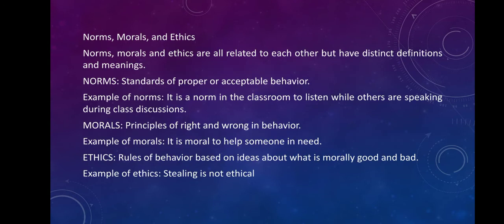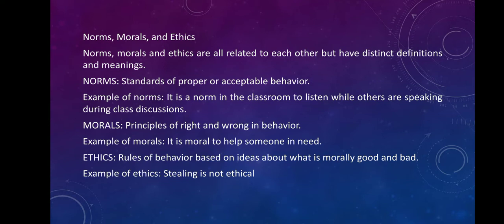Next thing is norms, morals, and ethics. These three terms are almost similar, with a very slight difference. Let's try to understand this. Norms. A standard of proper or acceptable behavior is called a norm.